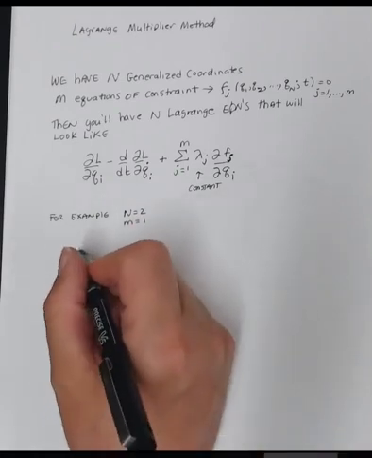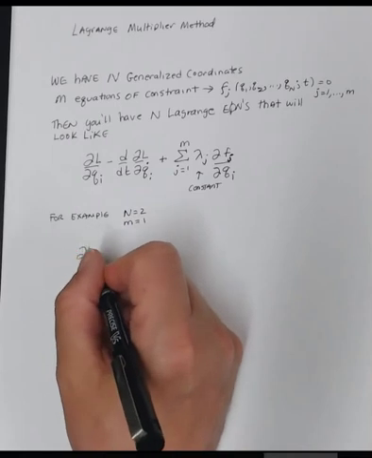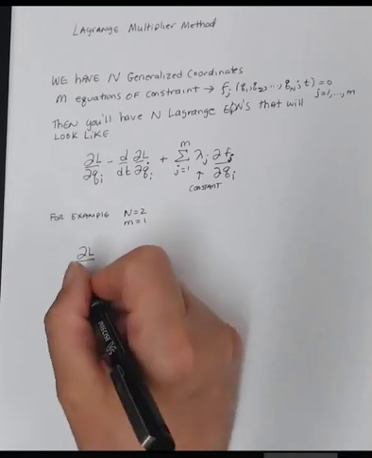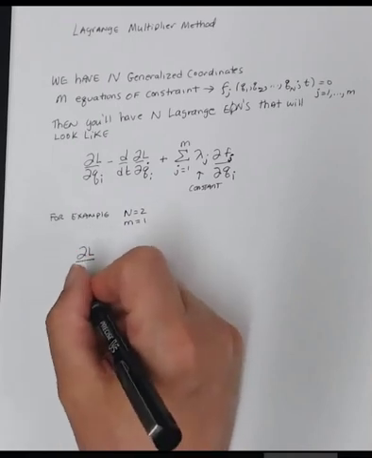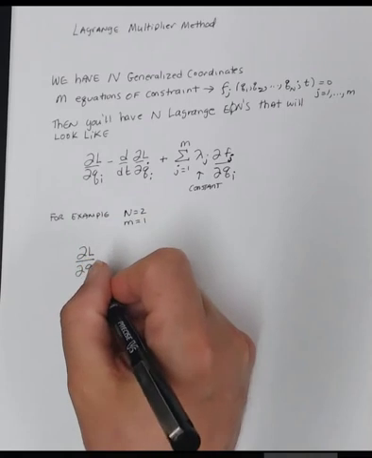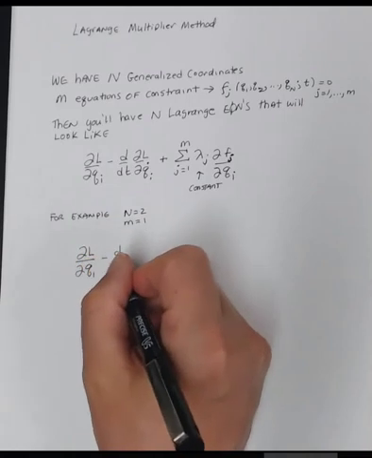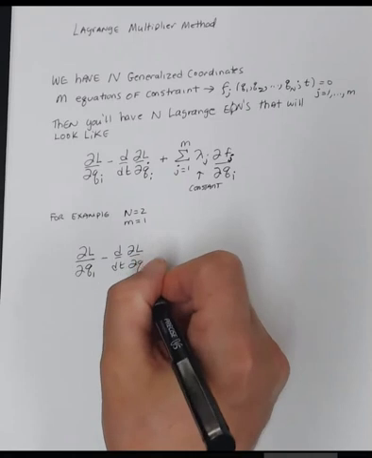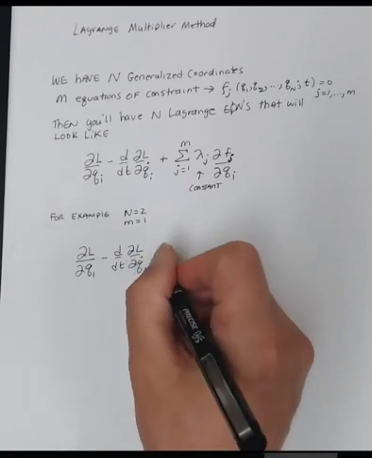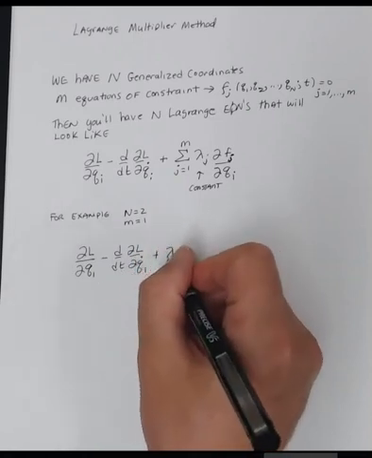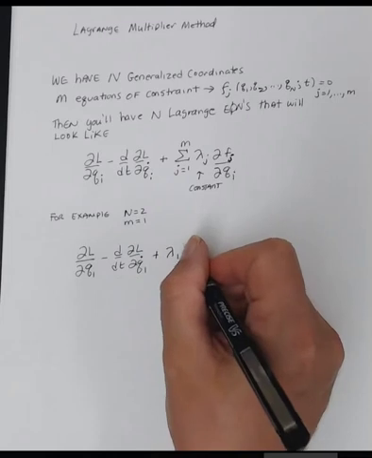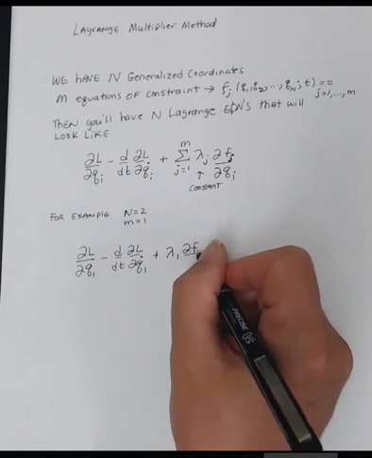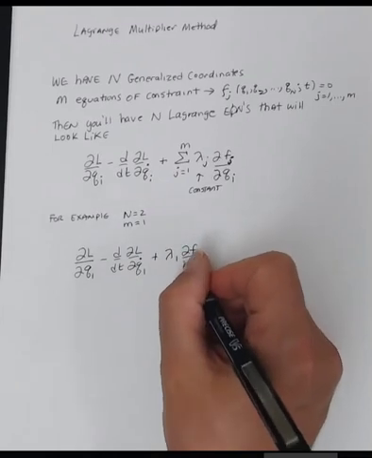But we'll have two Lagrange's equations now. We won't get rid of one of those coordinates using the equation of constraint. So we'll have this, plus one term, so we'll have one Lagrange multiplier because we have one equation of constraint. f is the equation of constraint.